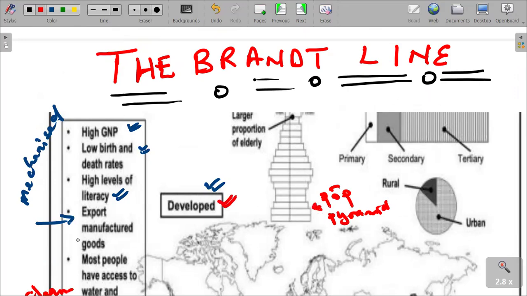We have a low birth rate, as indicated by a narrow base. The young population, young children, is very low. We have very few. As indicated there, we have a low birth rate and death rate.